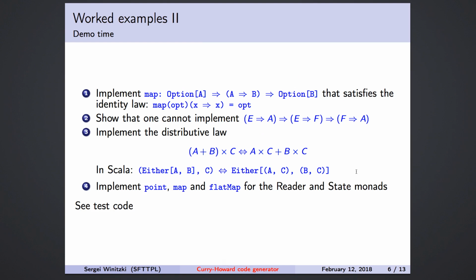Here's a bunch more examples. For example, you can implement the distributive law, which is the isomorphism between these two types written in a short notation. Now you see why I prefer to use arithmetic notation for types rather than logical notation, because then it becomes obvious what that means.